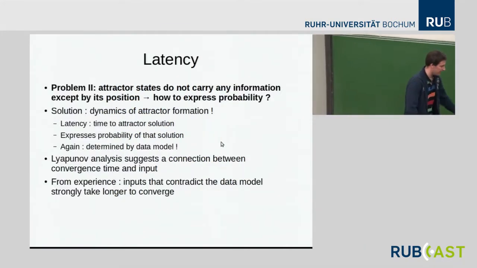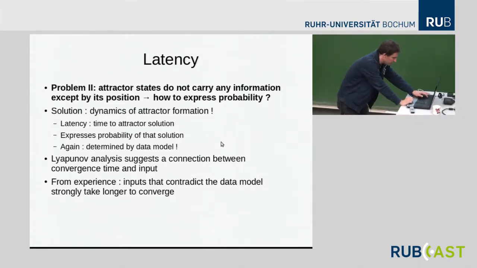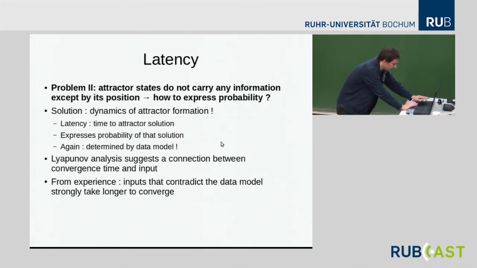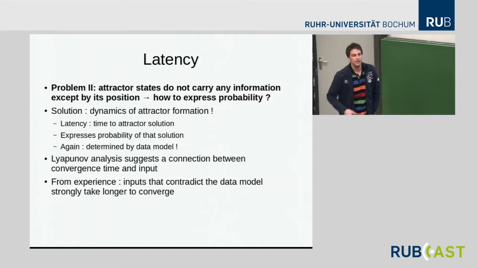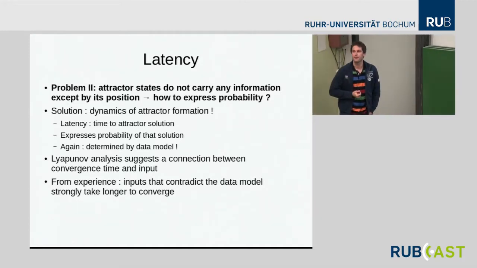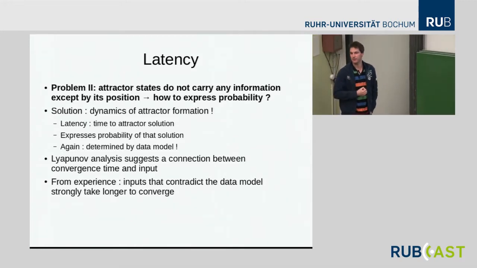And this is actually a currency which I tend to use as much as possible in what follows. If I can get the slides to display. So my idea for representing probabilities with neural fields is that we should exploit the dynamics more. This is, after all, dynamic neural fields.